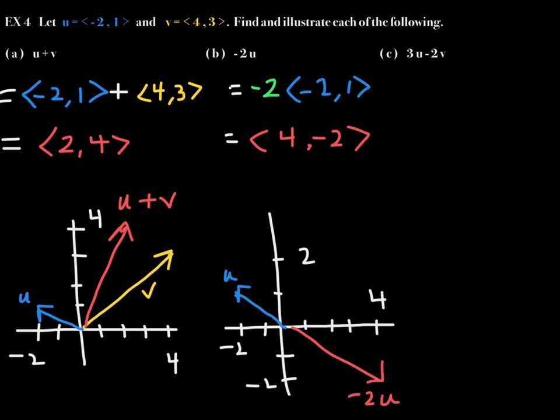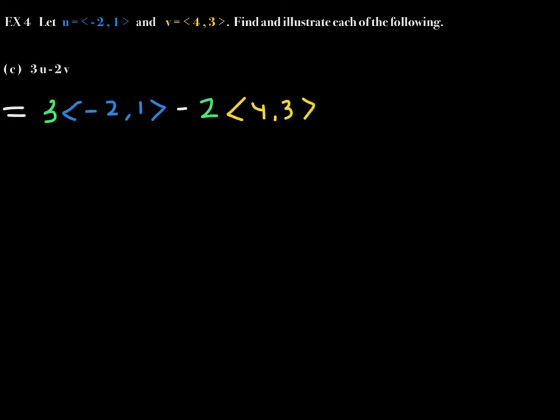All right, one more to do, guys. 3u minus 2v. We have 3 times vector u minus 2 times vector v. When I multiply each of the components of vector u by 3, I get negative 6, comma 3. And then minus, when I multiply each of the components of vector v by 2, basically when I double them, I get 8, comma 6.